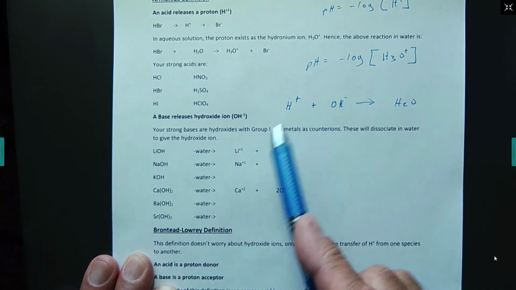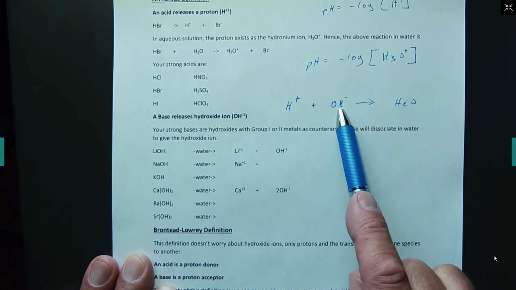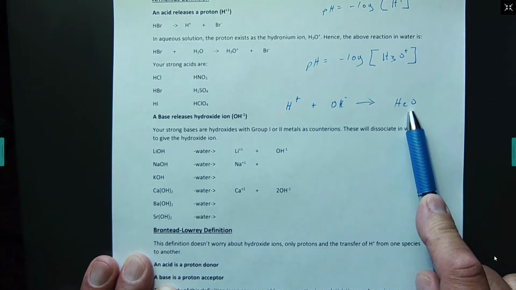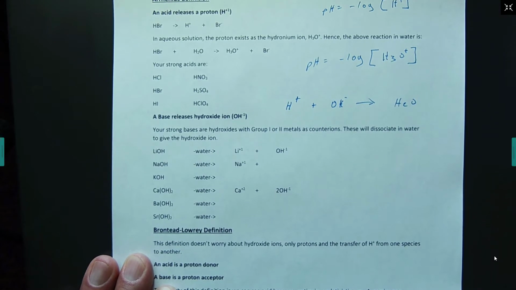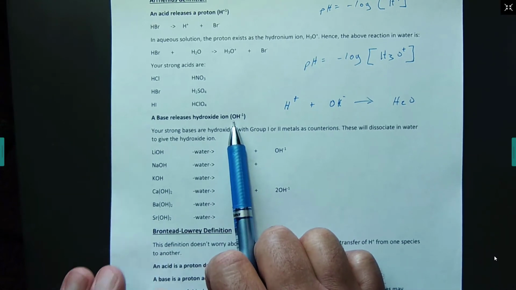Protons or hydronium ions in solution will dissolve metals. Hydroxide ions will dissolve aluminum and quite a few other metals. Put them together, what do you got? Water. So, acids, bases, they're opposites of each other. So, bases are things that spit out the hydroxide ion.